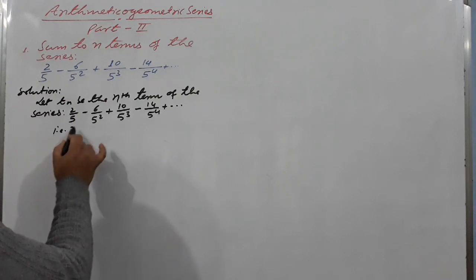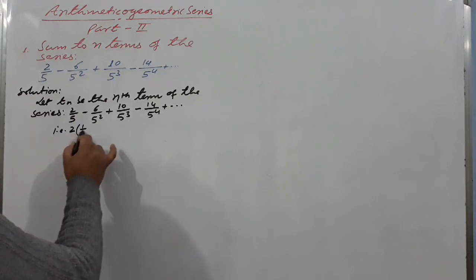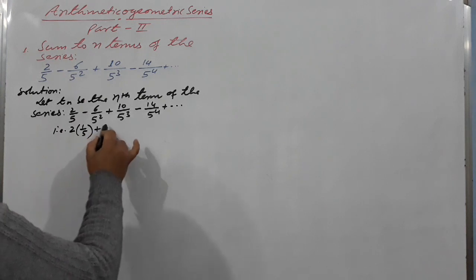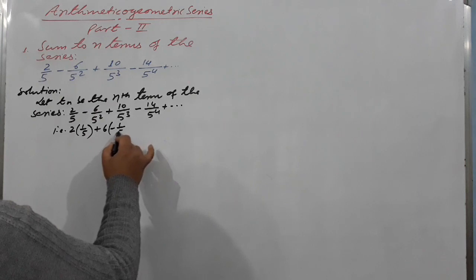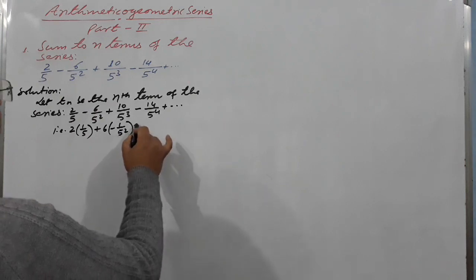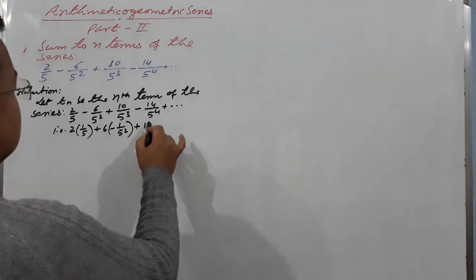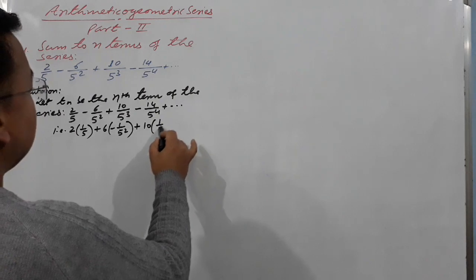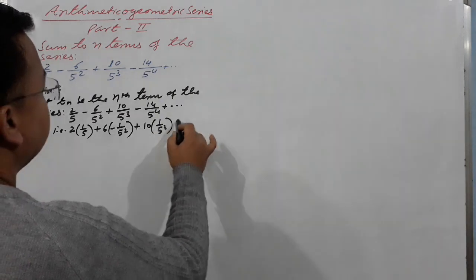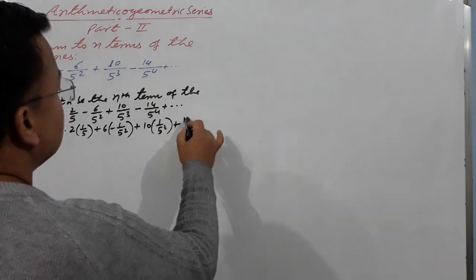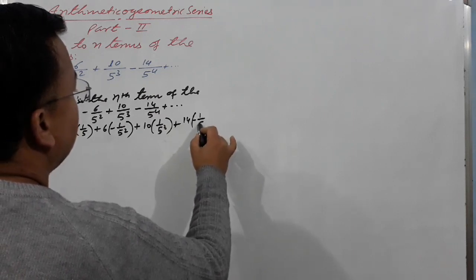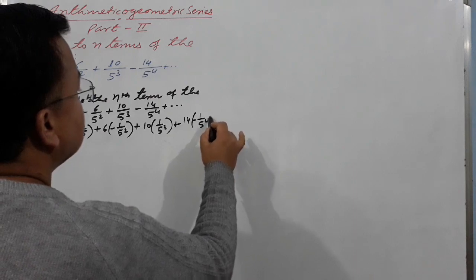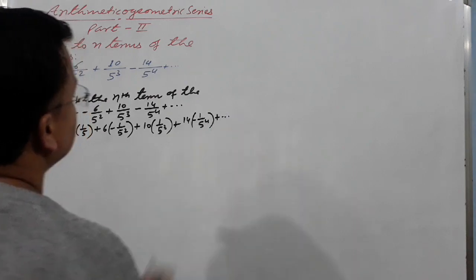We can write down 2 times 1 upon 5, plus 6 times negative 1 upon 5 square, and plus 10 times 1 upon 5 cube, okay, and plus 14 times negative of 1/5 raised to power 4, and plus dot dot.